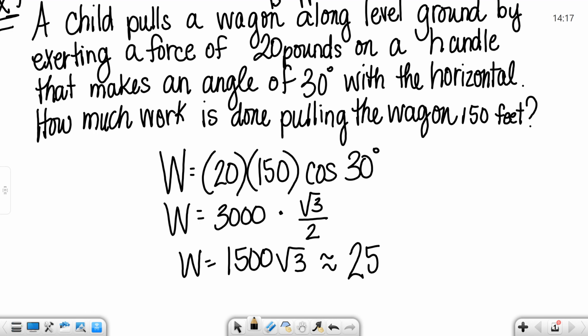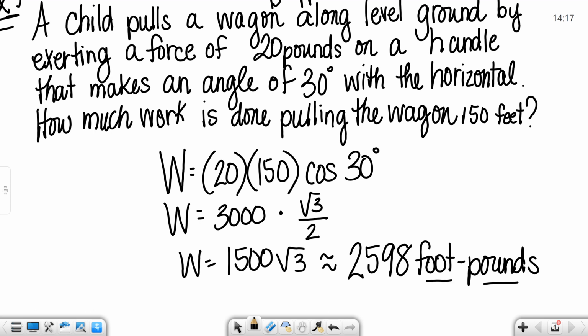We're going to go whole number on this one. 2,598 foot-pounds. Work is not just in feet and it's not just in pounds, it's foot-pounds. We went a distance and we had a force, so that's why we have to say foot-pounds.